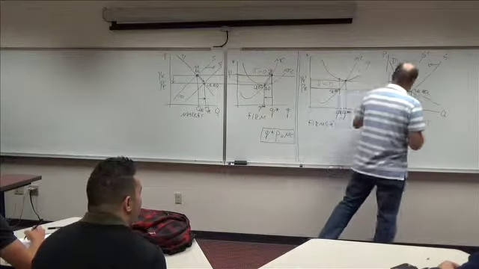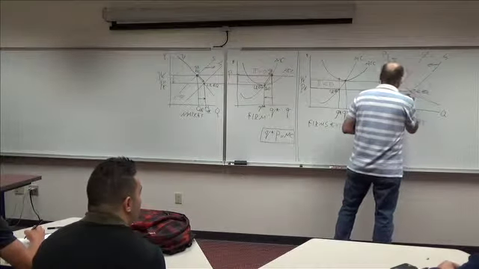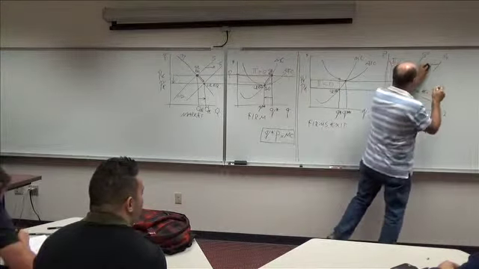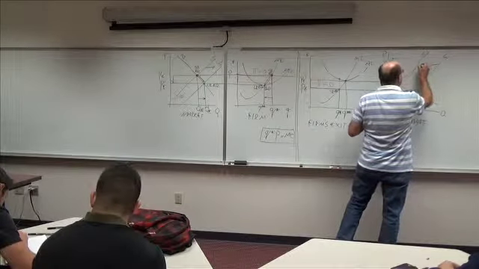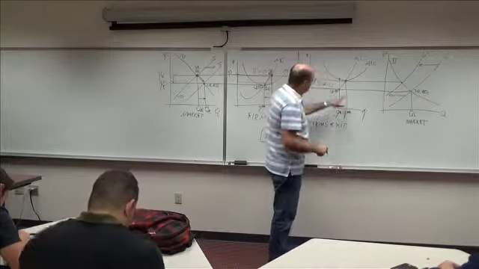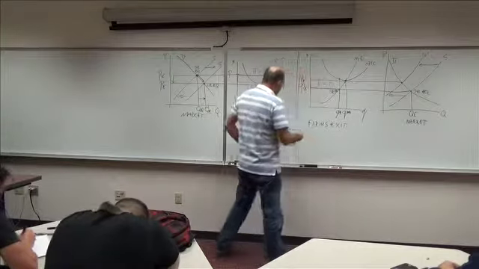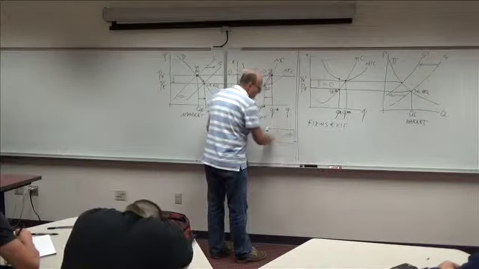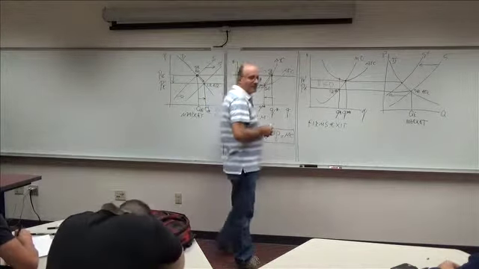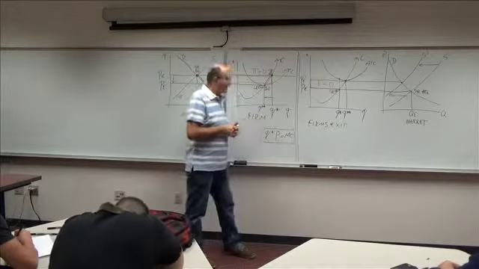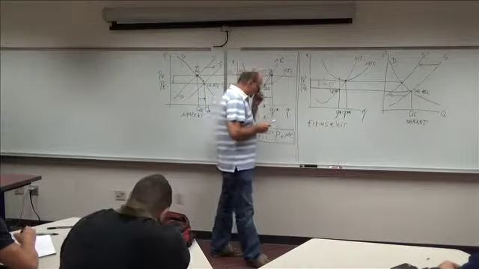What is Q star star? The new quantity the firm produces. The new quantity that maximizes the profit, the quantity that satisfies the profit maximizing condition. That makes sense? Q star star. Very good.